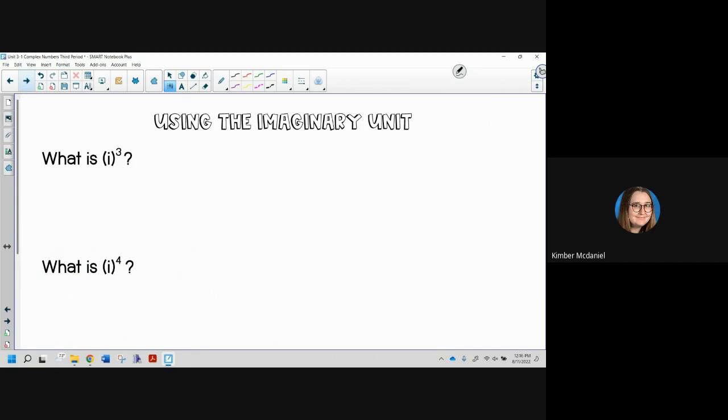So let's look at raising i to a little bit higher power. Since we know i squared is -1, what about i cubed and i to the 4th? Everything that I'm writing down, I want you to write down. An exponent is just a visual representation of how many there are. So i to the 3rd is equal to i times i times i.